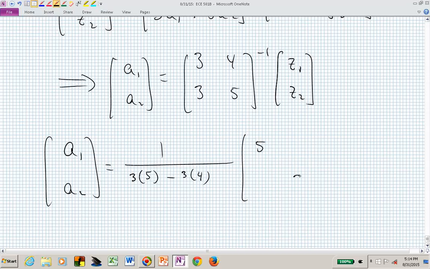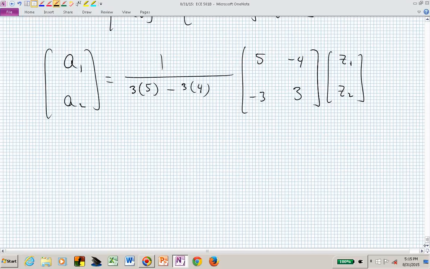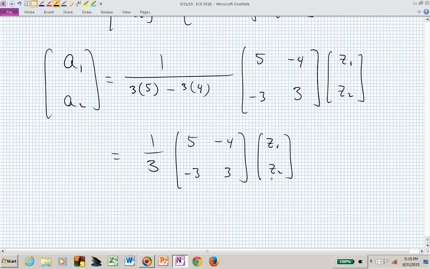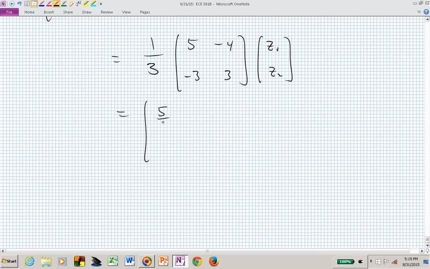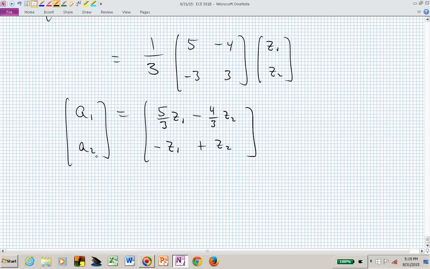And I can interchange my diagonal entries and negate the signs of my off-diagonal elements in the 2 by 2 matrix to then give me this relationship of 1 over 3, 5 minus 4 minus 3, 3, times z1, z2, or that's now 5/3 z1 minus 4/3 z sub 2, and minus z1 plus z sub 2, is how I can now select a1 and a2 given z1 and z sub 2.